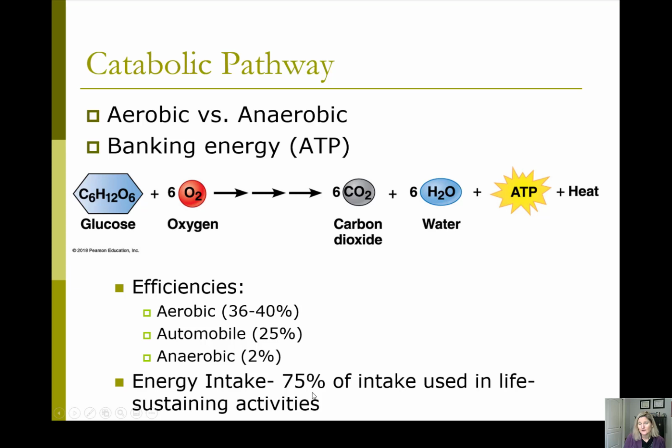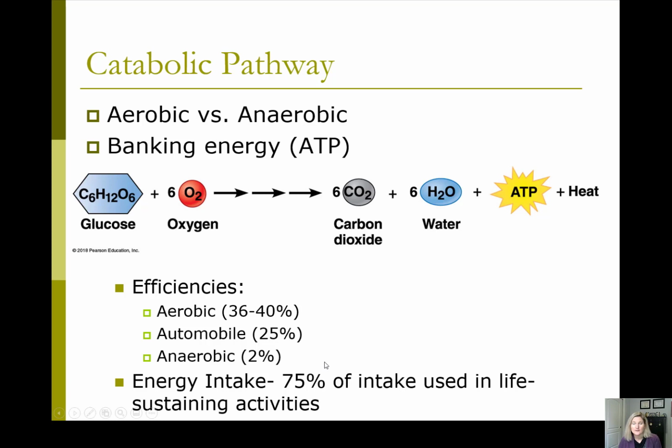Most of that energy that we burn in calories is just so that you can breathe, process thoughts, and have your neurotransmitters transmit and all that fun stuff. So the majority of the energy you consume just keeps you alive.